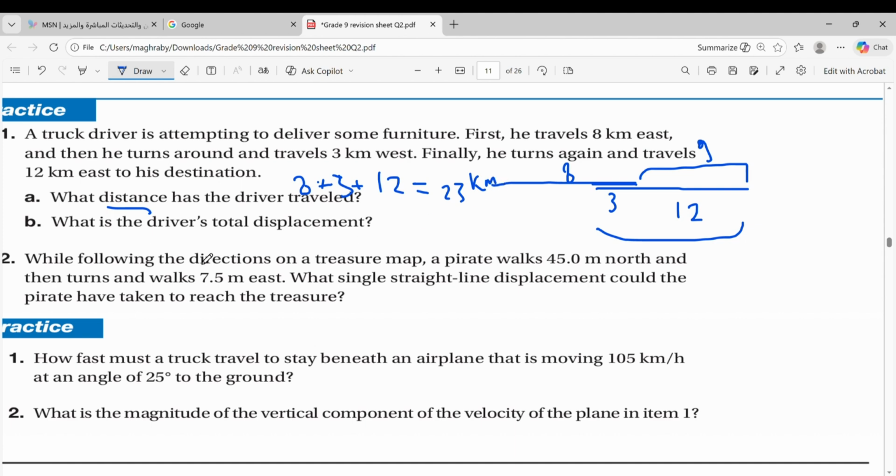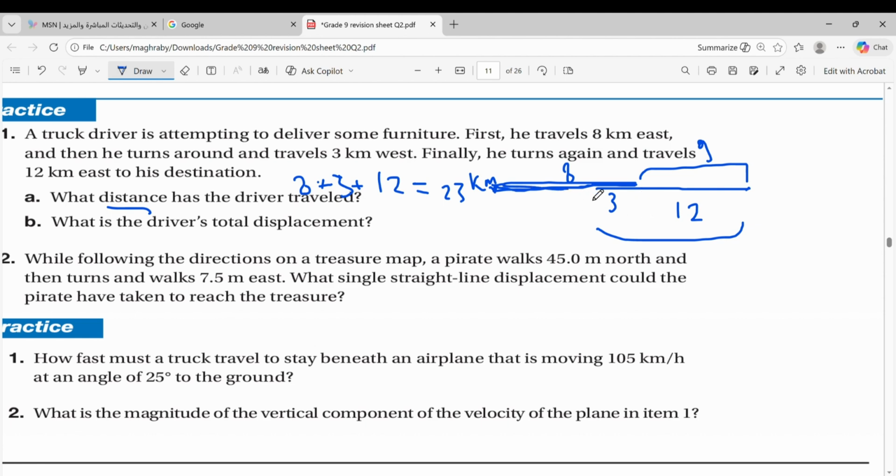Okay, let's get back to the displacement. We know the displacement is the distance from the starting point to the ending point in one direction. Where is the starting point? This part. Where is the ending point? He ended just here. So at the beginning he walked this part, which is equal to 8, and this part is 9, so 8 plus 9 is 17.